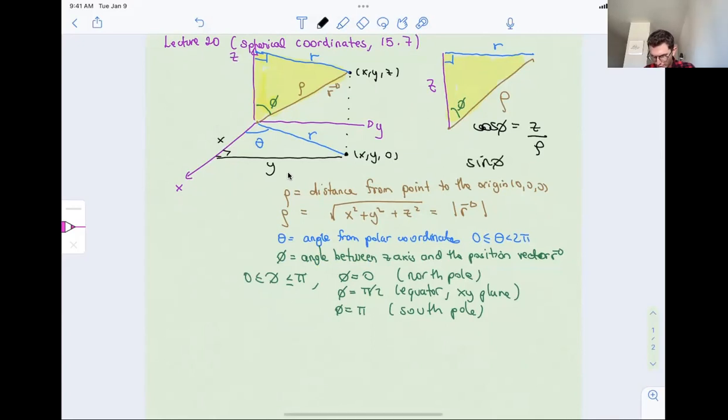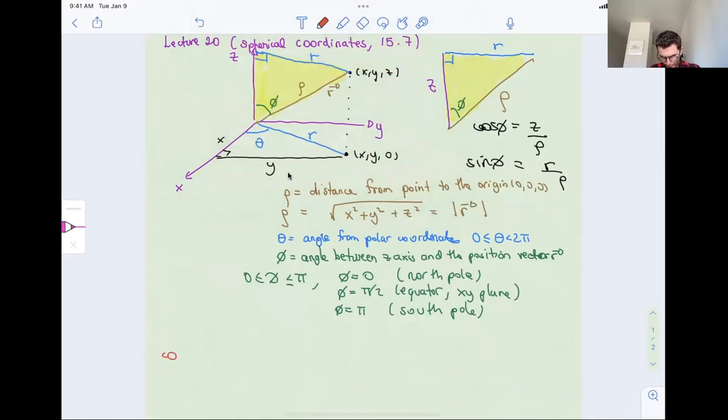Sine of phi equals r over rho. So in fact this already gives you some relations which are going to be used in a second. Let me write them here.